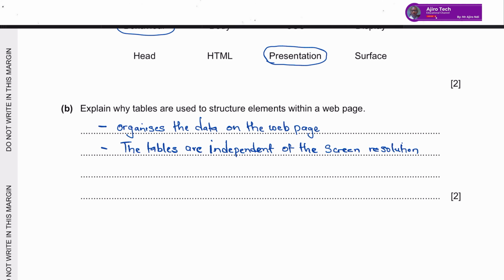Others can see it, that it restricts the output so that the display remains constant.